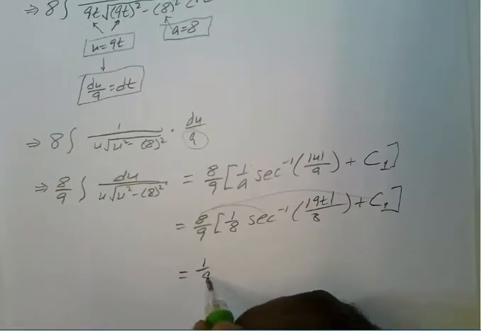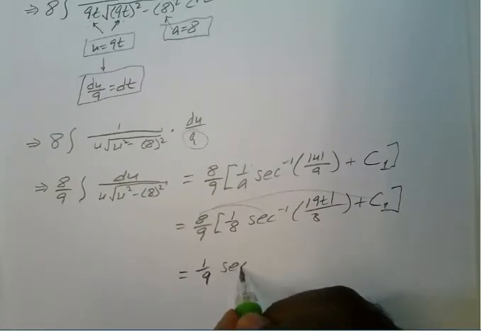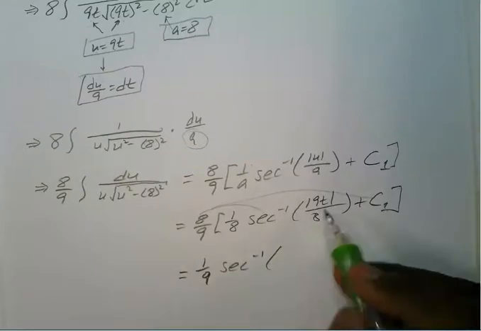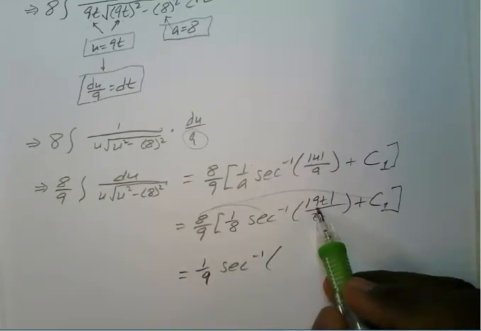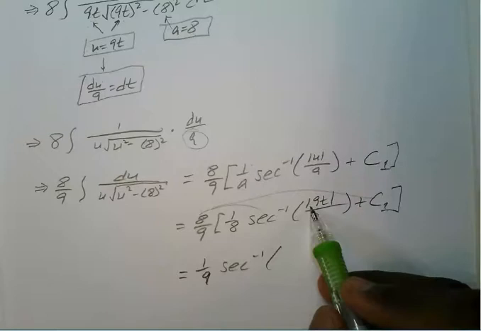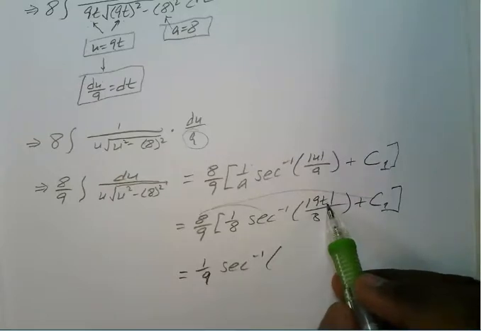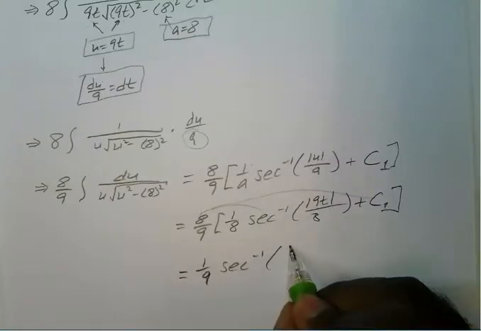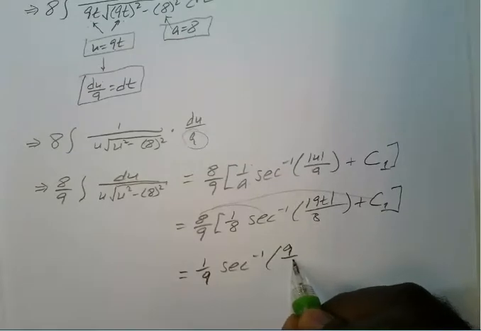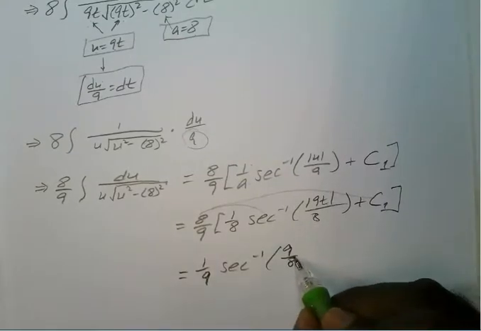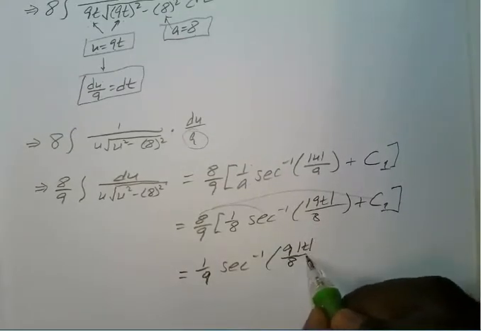So we have 1 over 9 secant inverse. Remember, absolute value of 9t, you can factor it out and say absolute value of 9 times absolute value of t. Absolute value of 9 is just 9. So we have 9 over 8 times the absolute value of t.